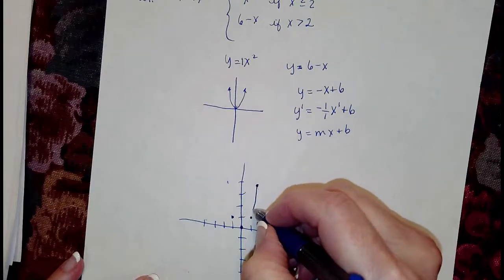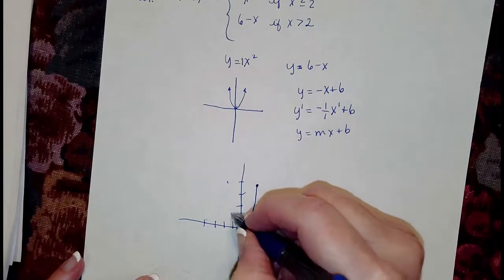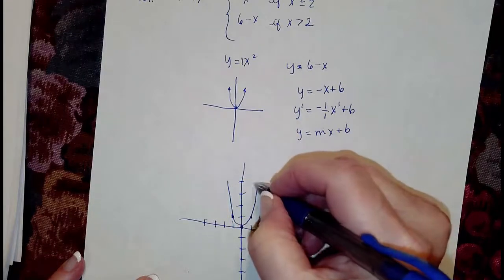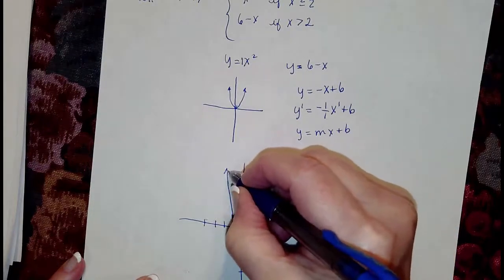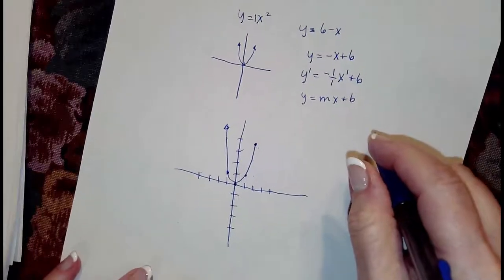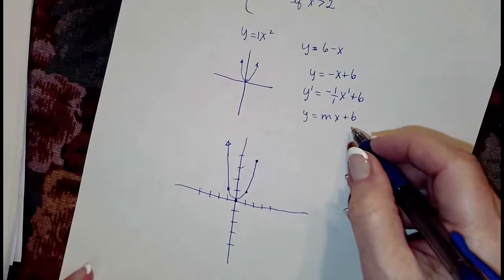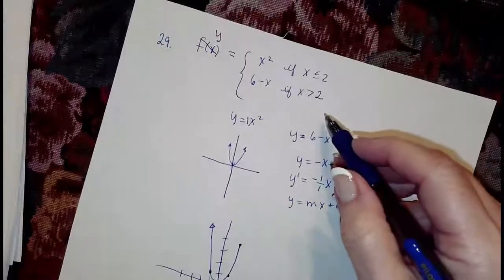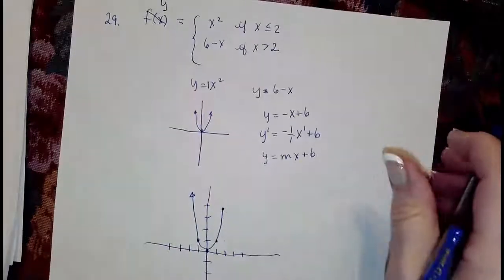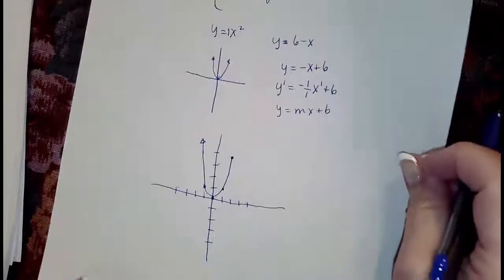But now this one's going to come down and go around like that. But on this side it's stopping, and on this side it's just continuing on. Okay, and that'll be something we'll take into consideration later. So now I've got my line for the other part. The line is where x is greater than 2. So greater than means I'm going to have an open circle. In this case right here, though, they connect up.